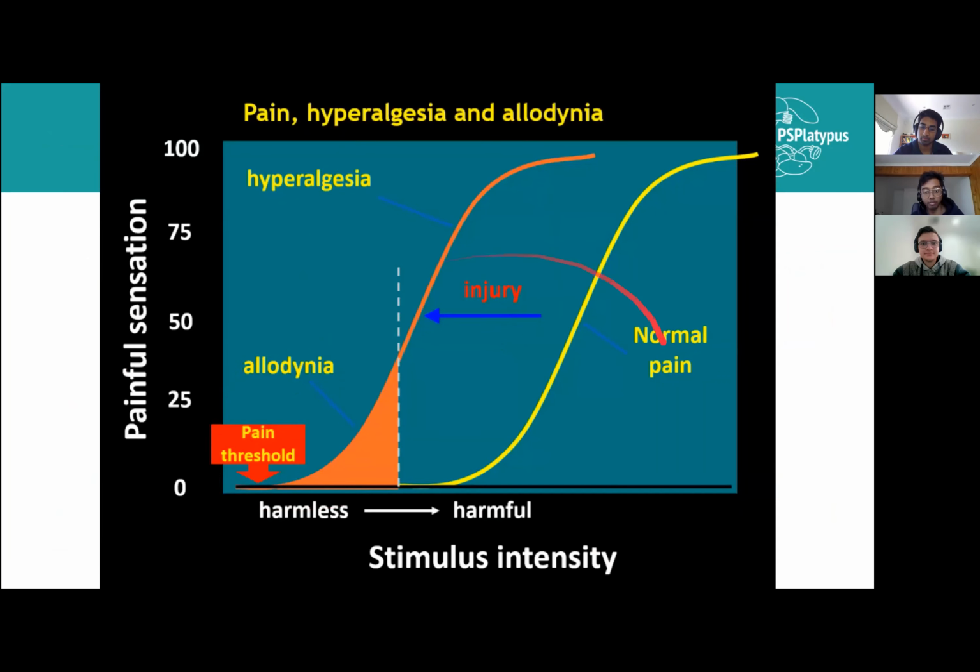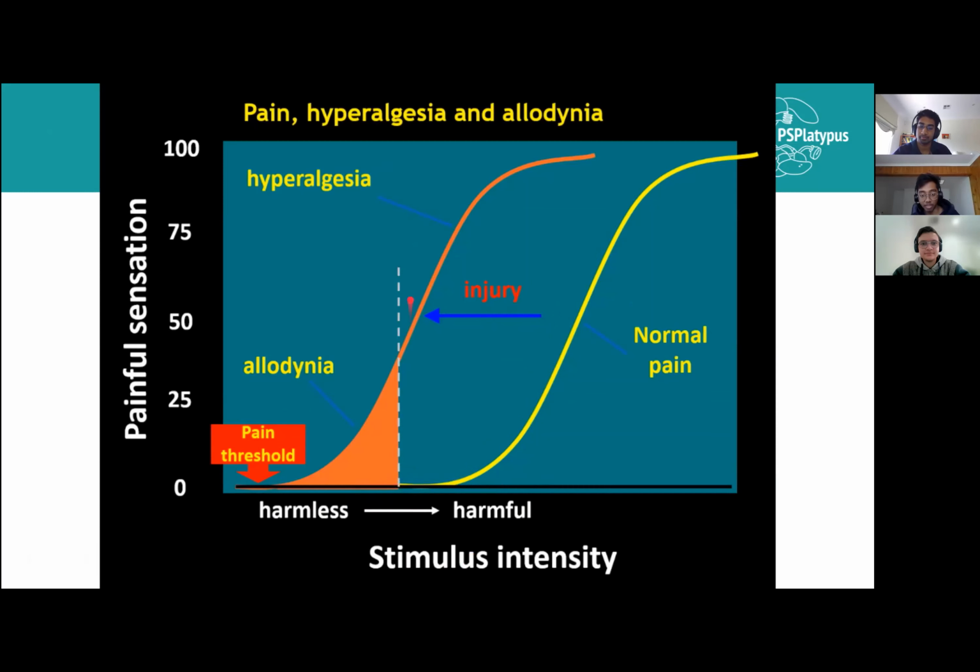Also, very quickly, allodynia. This is a pretty good diagram that helps us understand allodynia and hyperalgesia. Normal pain starts from where the stimulus generally becomes harmful.